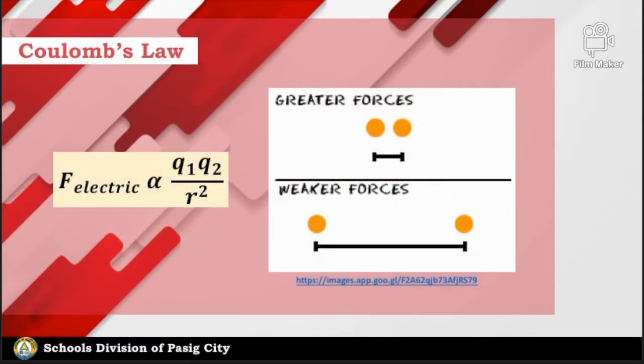The magnitude of the force of attraction or repulsion between 2 point charges is directly proportional to the product of the two charges and inversely proportional to the square of the distance between them. A shorter distance between charges will experience greater electric force. The farther the distance, the weaker the electric force.